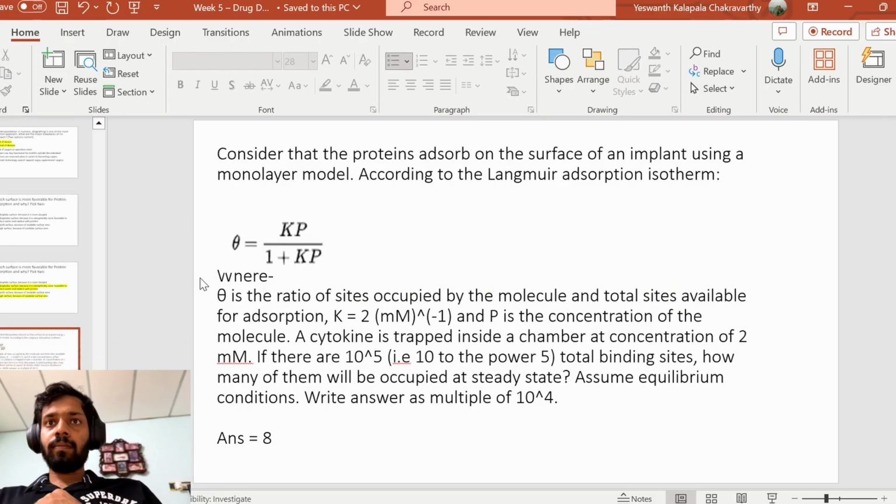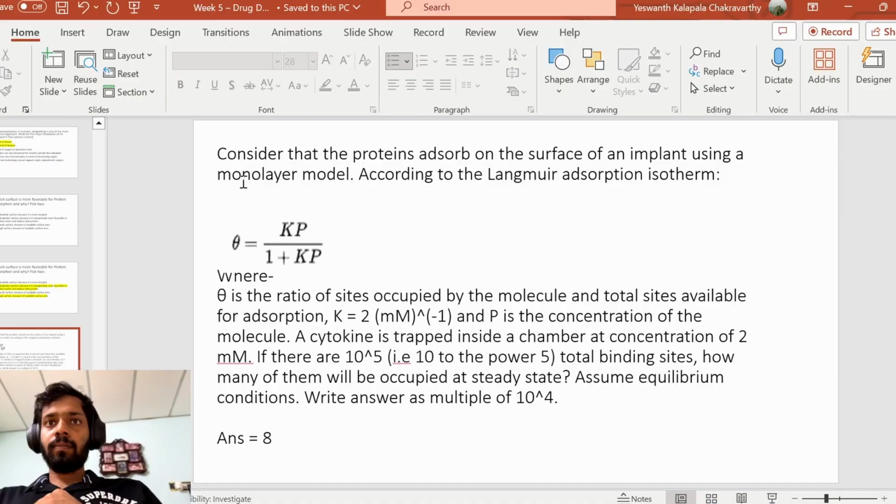Okay, so next we've discussed this numerical, where basically the question reads, consider that proteins adsorb on the surface of an implant using a monolayer model. According to Langmuir adsorption isotherm, they've given us theta is equal to K times P by 1 plus KP. Now we know theta is the ratio of sites occupied by the molecule by total sites available for adsorption.